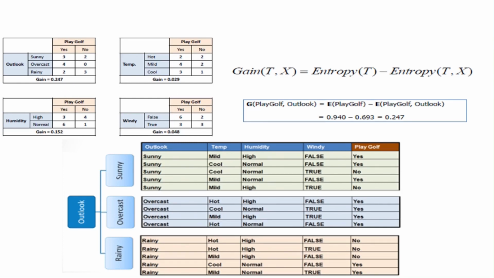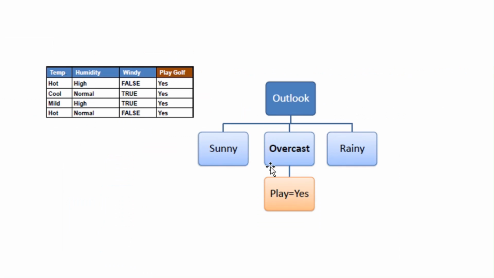So our first node is going to be outlook. When I selected overcast and classified it into a further smaller dataset, I observed that no matter what the condition of temperature, humidity and windy is, we are going to play golf. And this has been learned by the decision tree classifier also, and the same has been reflected in the first case.